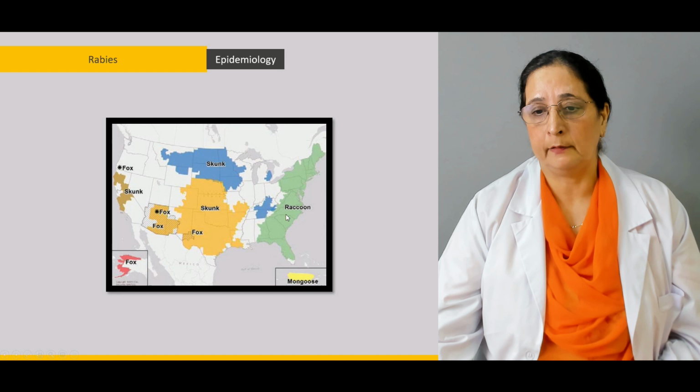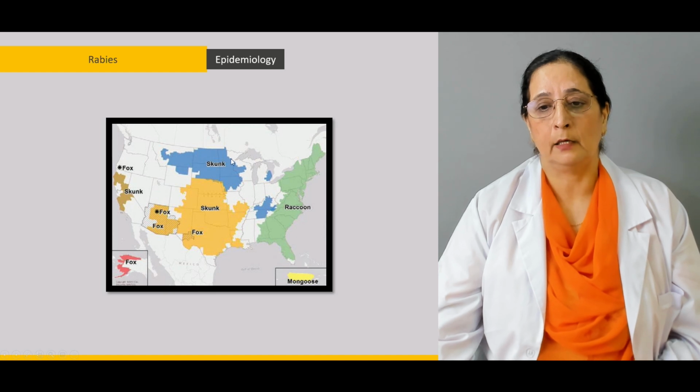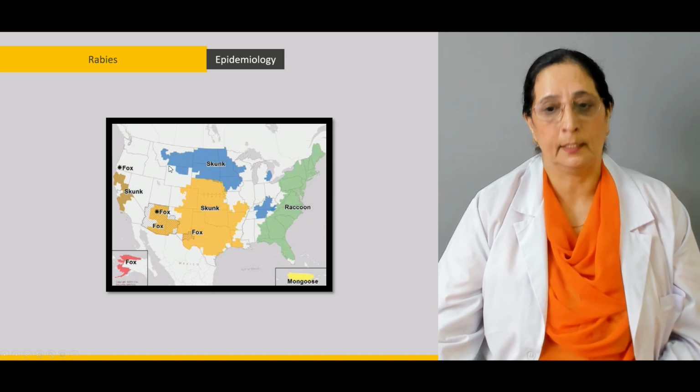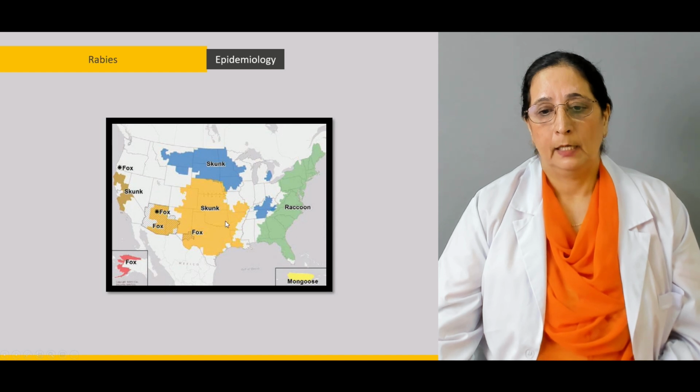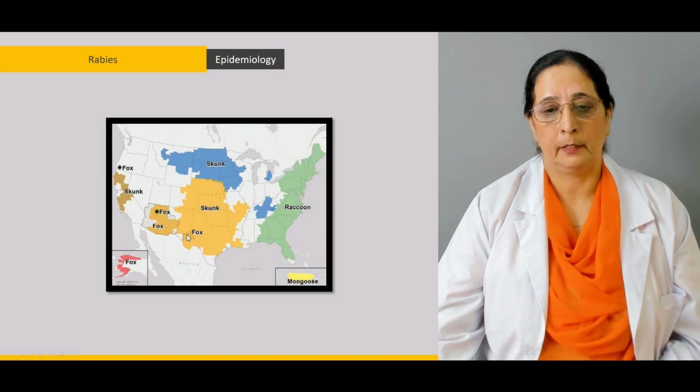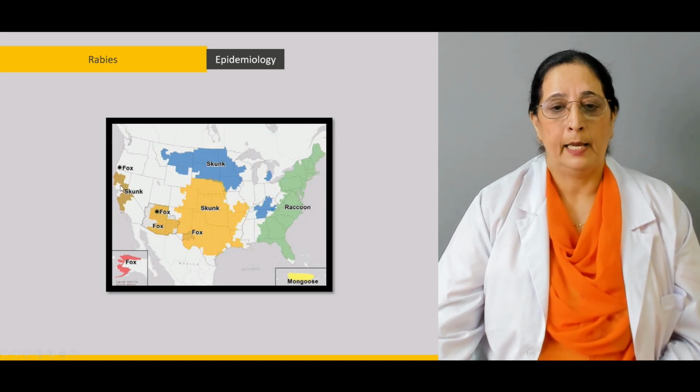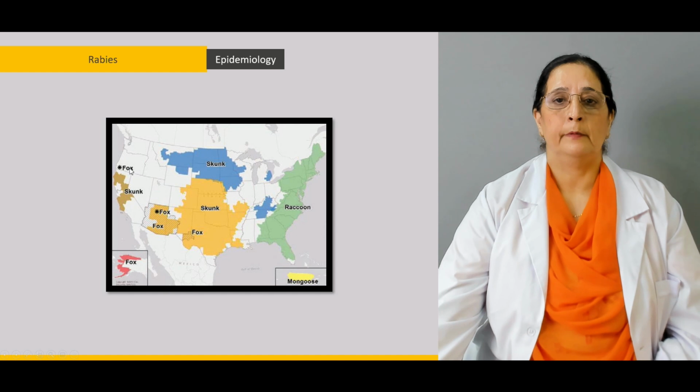In this area, the raccoon is the causative agent. Then we have a big area caused by skunk bites, also here the skunk bite. Then the fox is the common mammal, and also in this area the fox is the causative mammal.